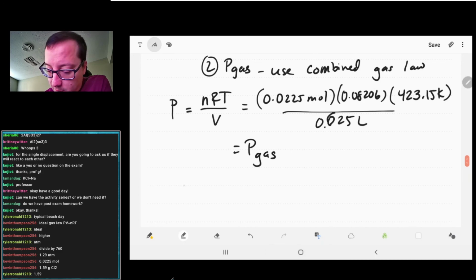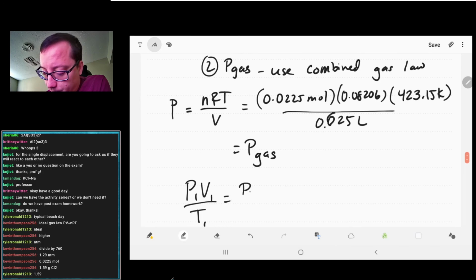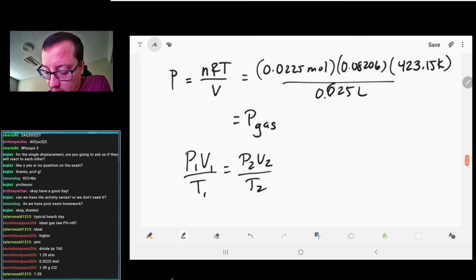The other way we could do it is use the relationship between pressure and temperature, right? We know our combined gas law, we know that the volume is staying the same. If it's staying the same, we can just get rid of it. Same thing on both sides of the equation.